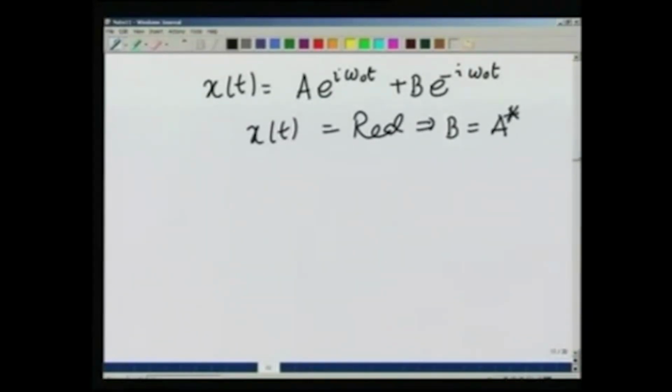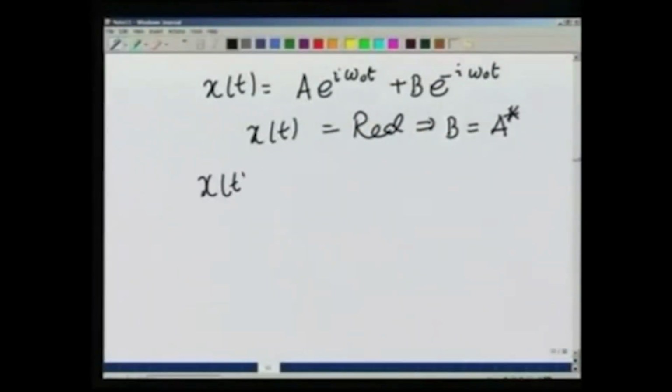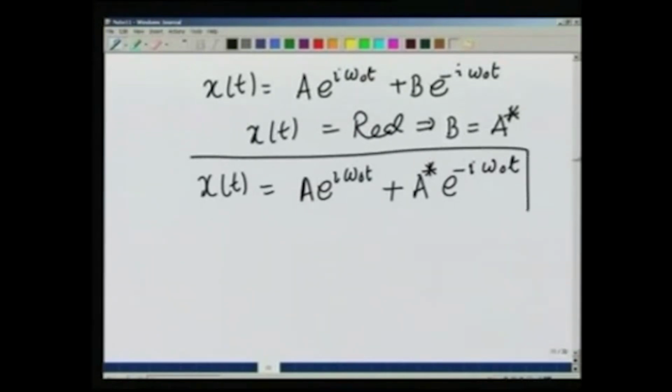So in general a is complex, but for x(t) to be real, I should have the solution of the form a e raised to i omega 0 t plus a star, where a star is the complex conjugate of a, e raised to minus i omega 0 t. That is the general solution.